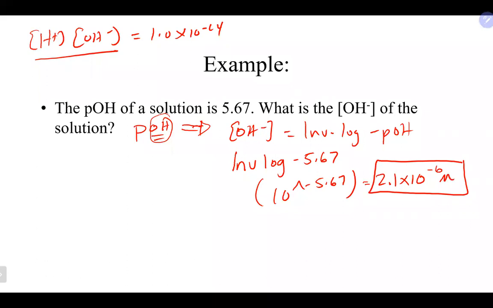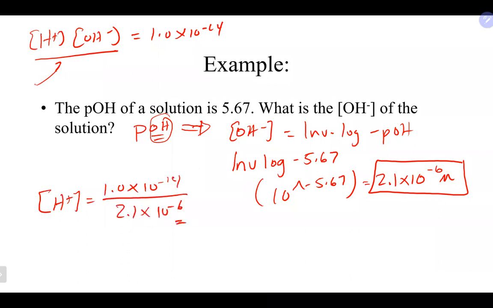And as I was saying, at this point, if it also did ask you for, say, the H plus concentration, now you have the ability to use the KW. And if you did want the H plus, you could go into here using the value you just calculated.